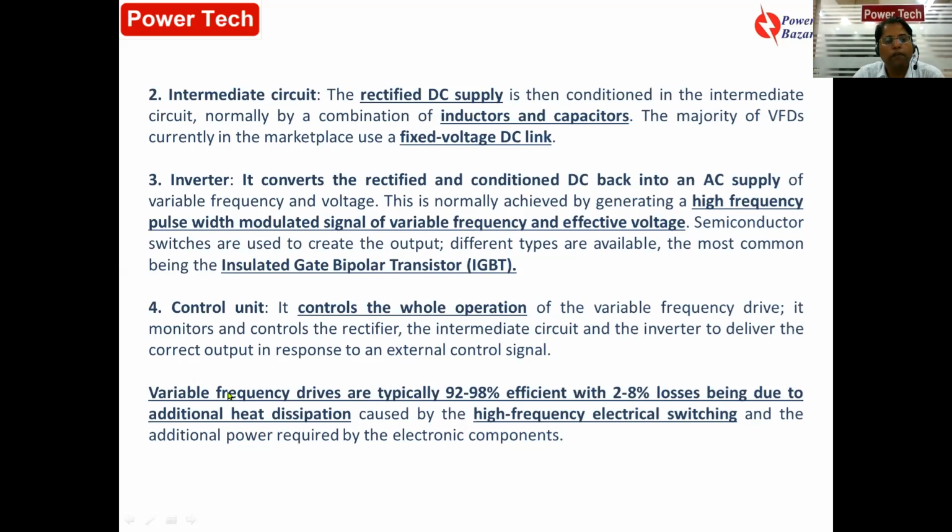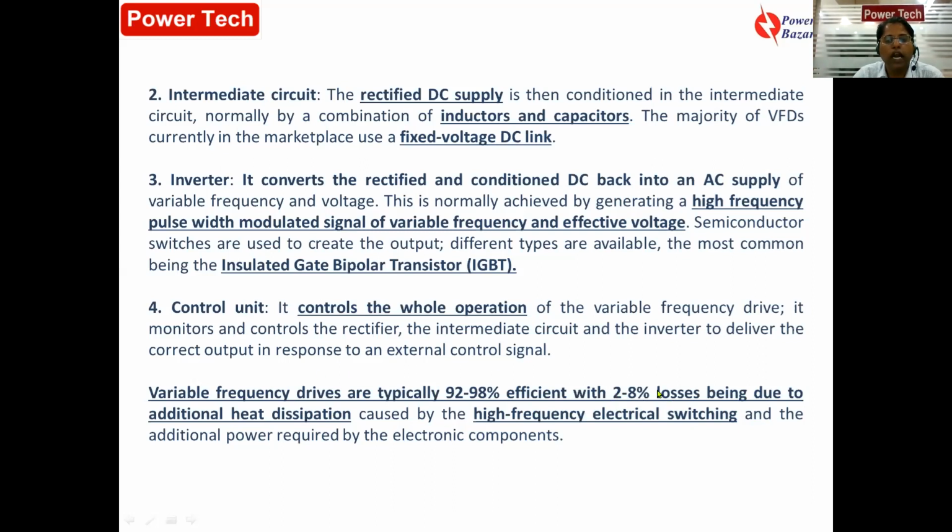Remember, variable frequency drives are typically 90 to 98% efficient, with 2 to 8% losses being due to additional heat dissipation caused by high frequency electrical switching. Because of the high frequency electrical switching in the rectifier, inverter, and control circuit, there will be losses.